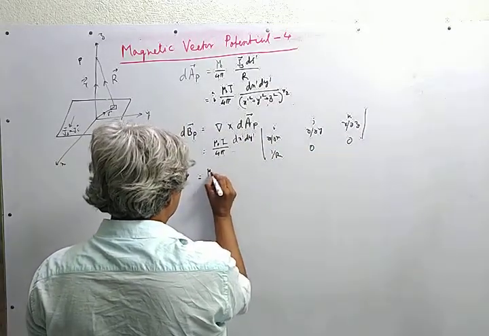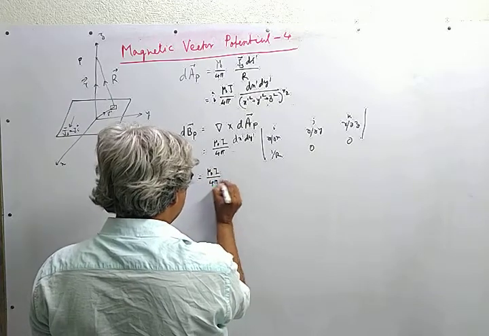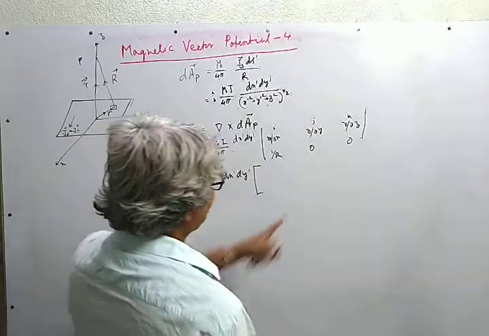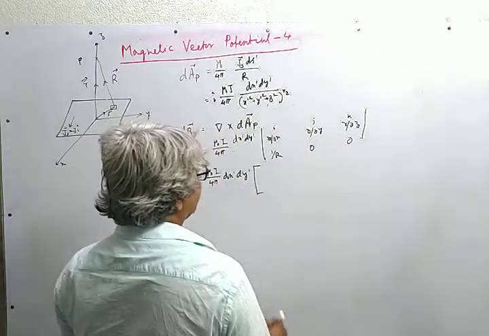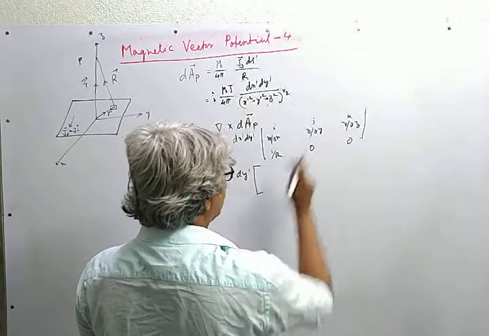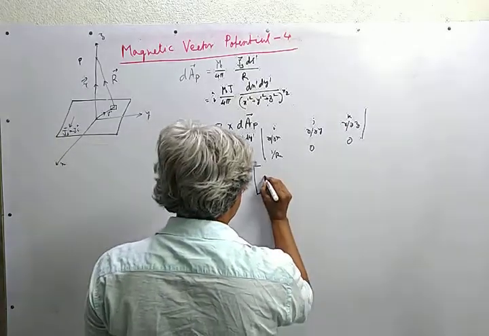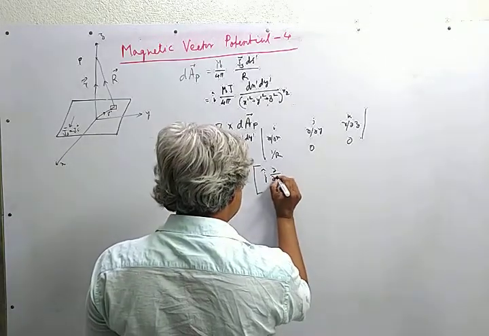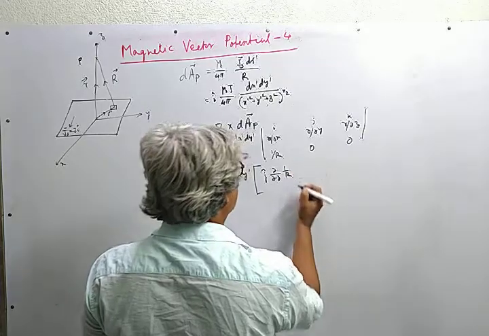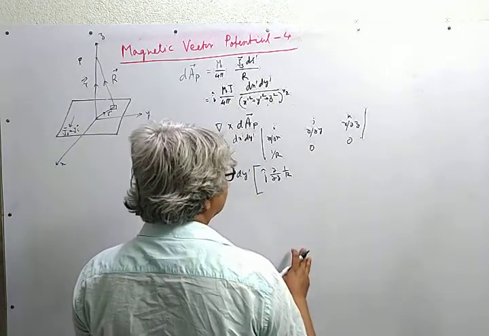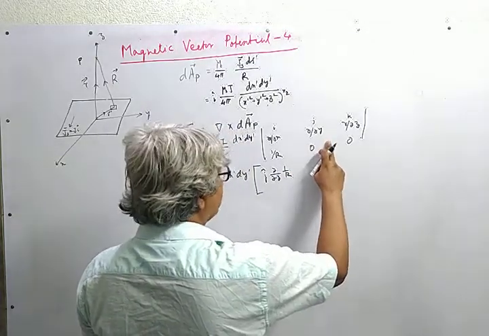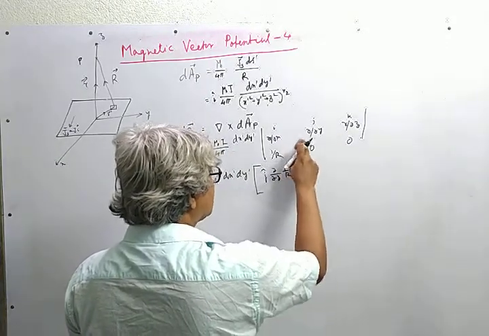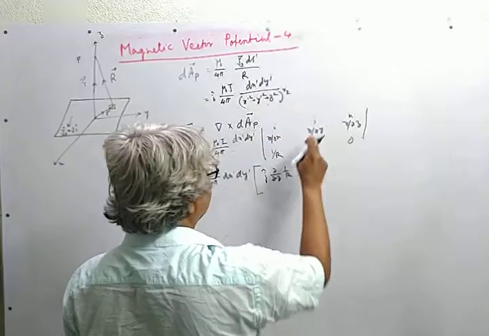So this is mu 0 J upon 4 pi dx prime dy prime. Then, for this part, there is no x component because this is 0; the j component is del z of 1 by r, and there would be some k component, or z component, but this 1 by r doesn't have any y dependence.